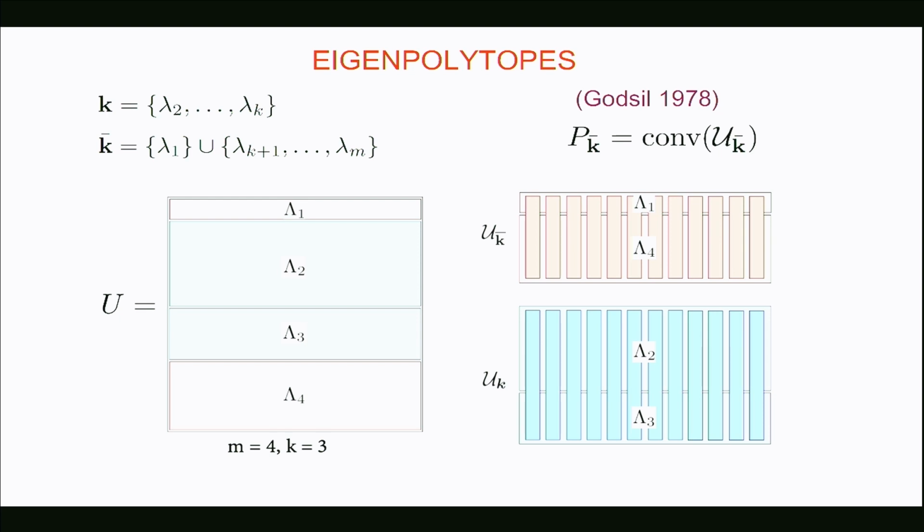Suppose I want to average the first k eigenspaces. This matrix here is the full matrix of eigenvectors. This is a square matrix, and the matrix is banded according to the eigenspaces. Okay? So suppose I want to average the first k eigenspaces. Then I have one set which I'll call K that contains lambda 2 up to lambda k.